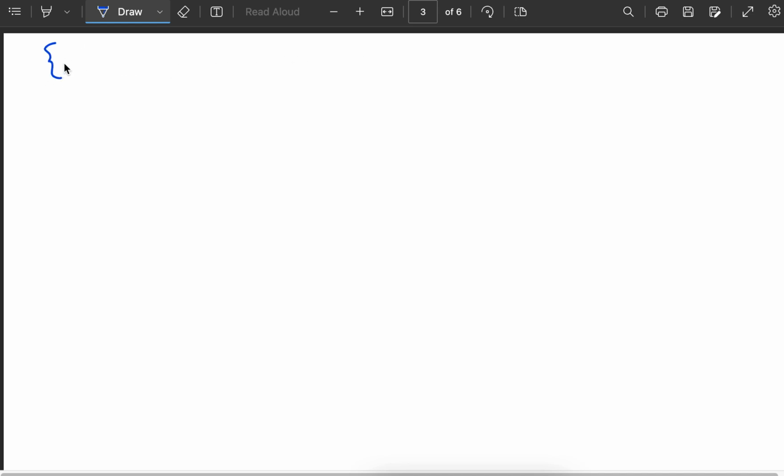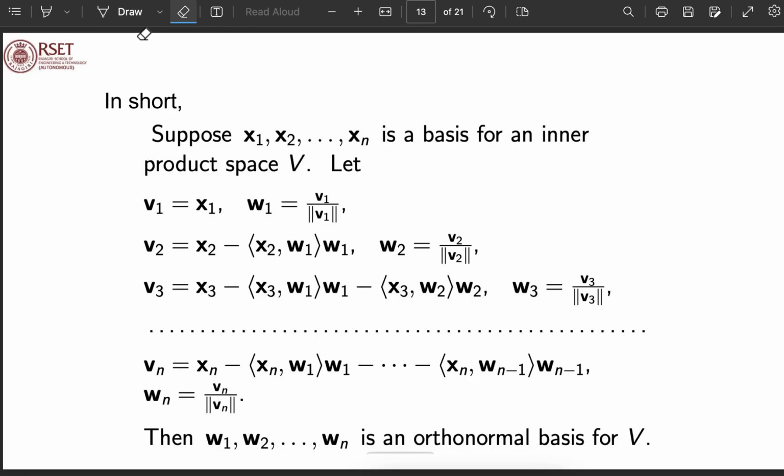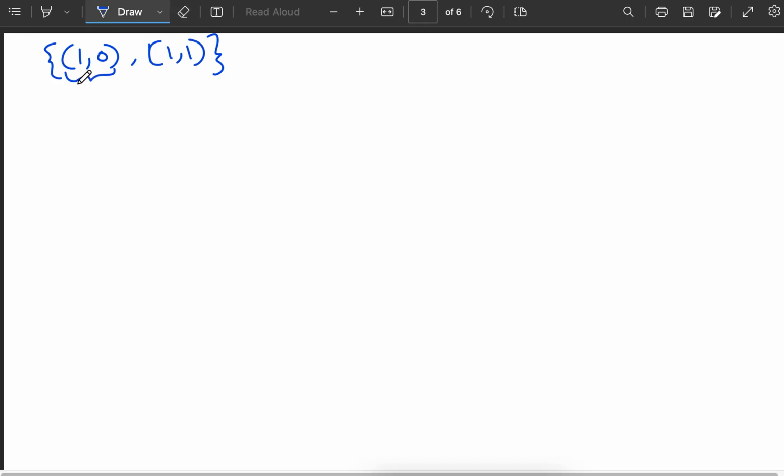So here we are considering (1, 0), (1, 1). Let's take the first as x1 and the second element as x2. So v1 is equal to x1 by this formula.